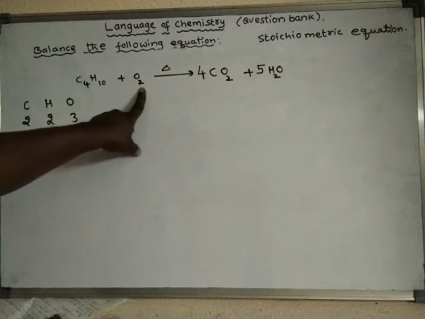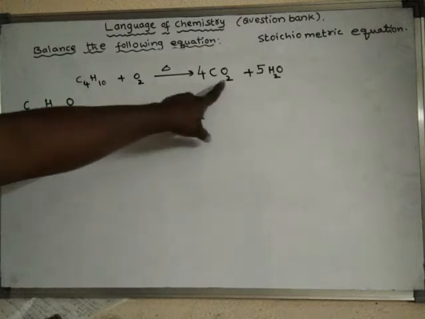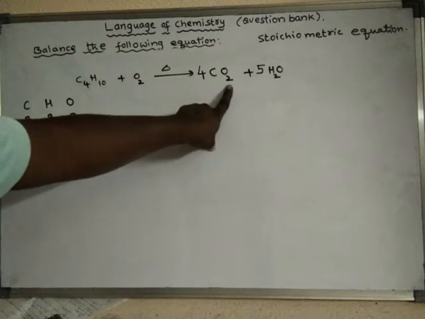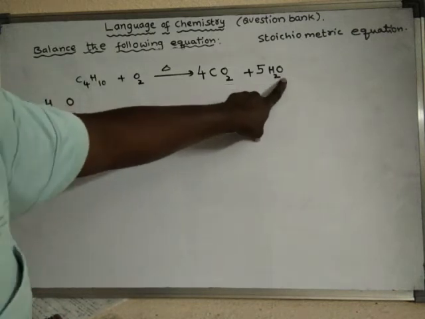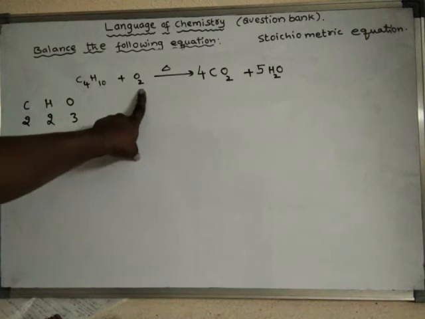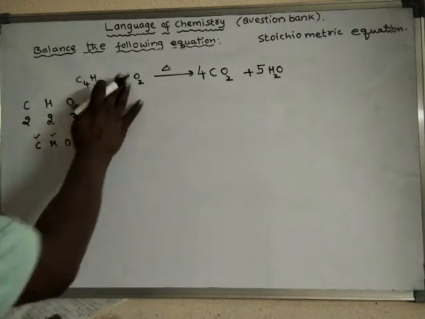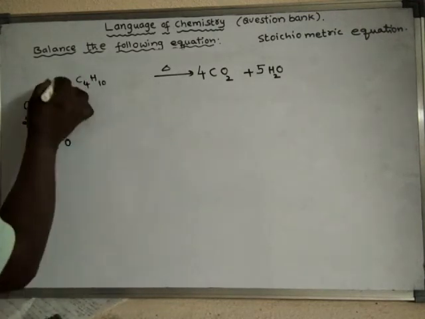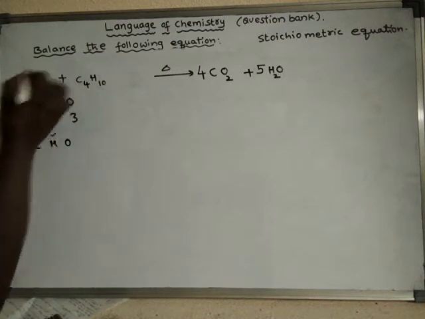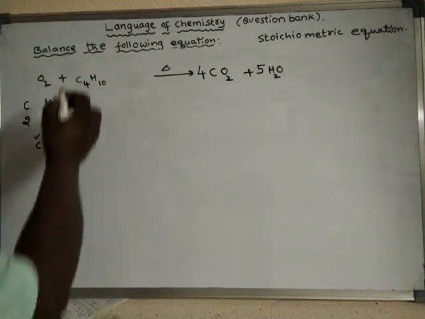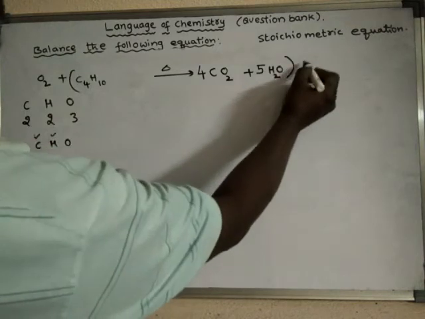Here this oxygen is in elemental state. Here oxygen is in compound state. Here also oxygen is in compound form, but here the oxygen is in elemental form. So now we have to neglect this oxygen. Except this oxygen, the entire thing should be multiplied with 2.